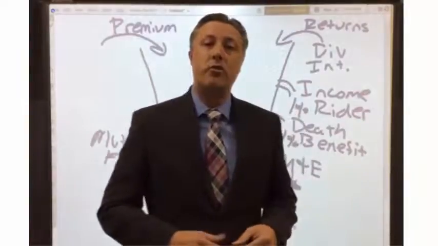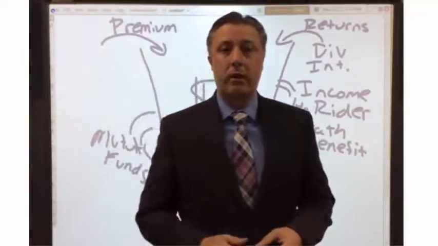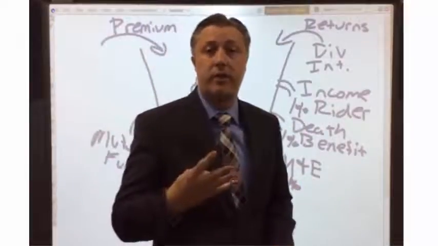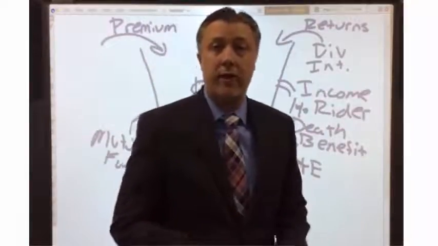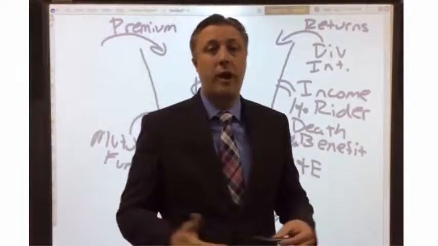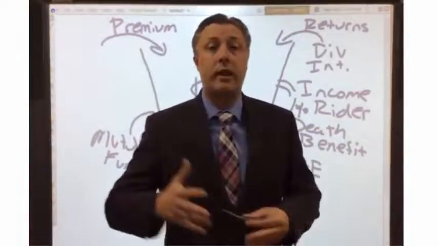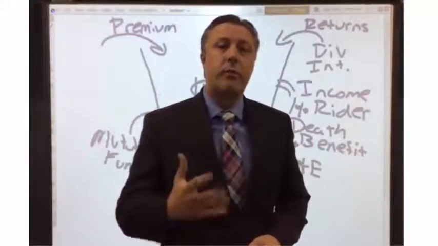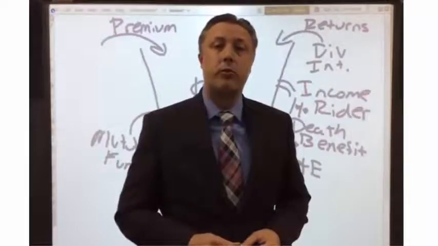So that's one of the things you want to really watch and be careful of. Because if you start drawing money on this account, let's say you're paying 4% in fees and you say, well, I'd like to take 5% out every year to live on. Well, now you're eroding 9% of that principal every single year before you even have either a loss or a gain. So very important, the fee factor of a variable annuity to consider.